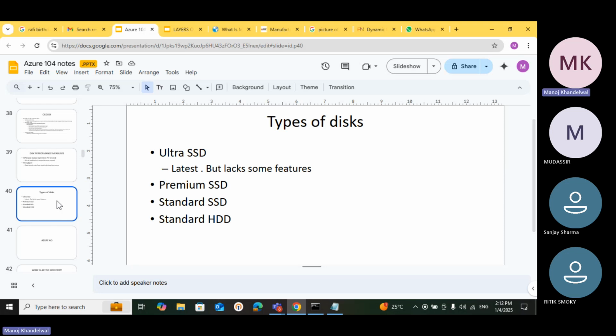Schema in what context? Sir, in Azure we use a word like schema. But schema is used in many contexts. Schema is actually the structure of the database. If you see SQL, for example, it has a fixed schema, because when you want to create a table, you create a schema first: that I want so many columns, this data type.